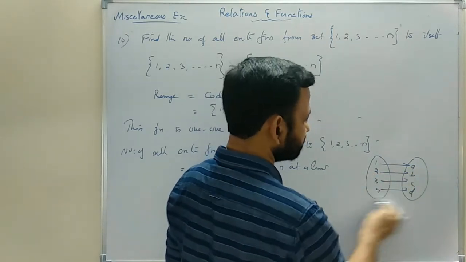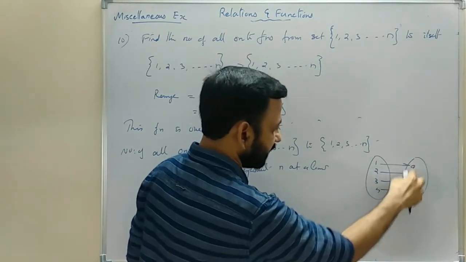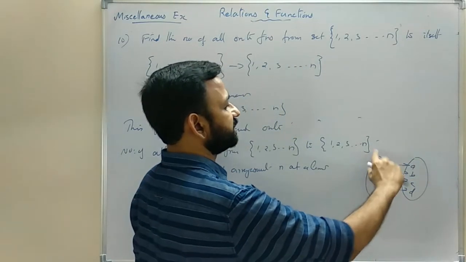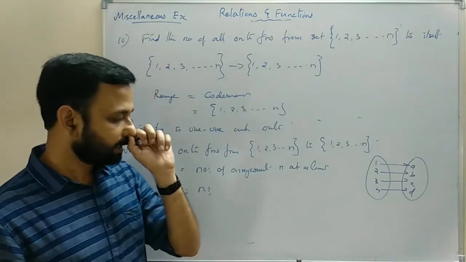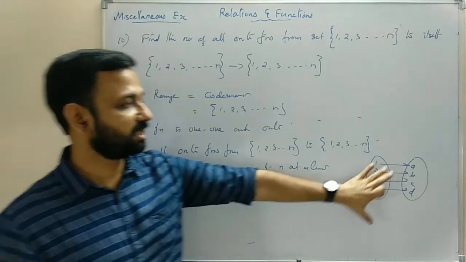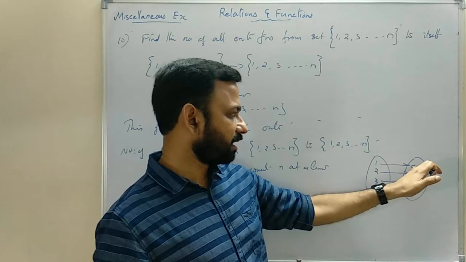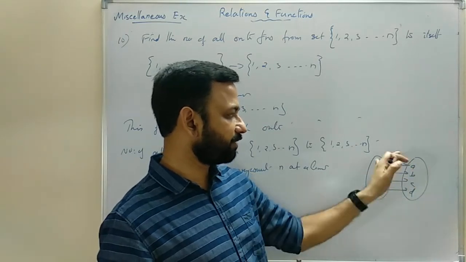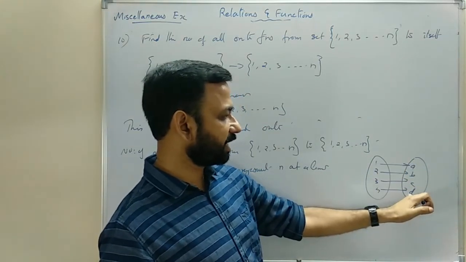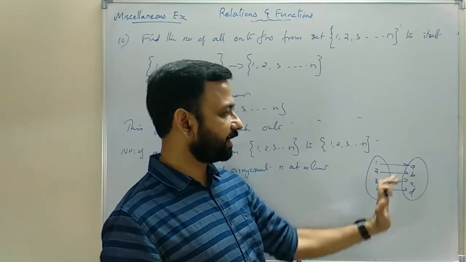We have 4 elements only, A, B, C, D. One can be related to A, or to B, or to C, or to D. Then 2 can be related to A, and so on.